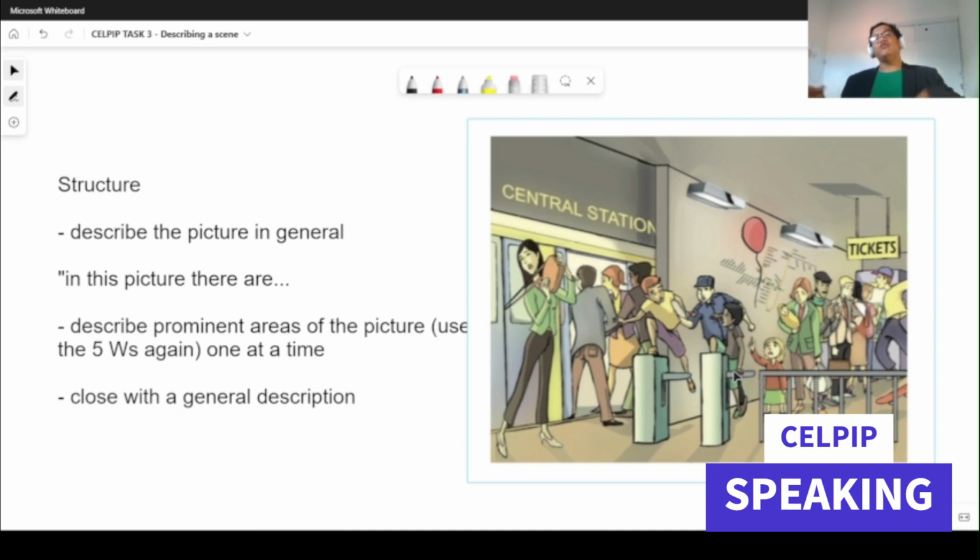And then lastly, you need to close off your answer with another general description. If we briefly take a look again at the picture, it's pretty chaotic, and I would no doubt say that during the test. Even if you feel like that might not be too accurate, it's completely fine, as long as your overall description doesn't sound too far-fetched.